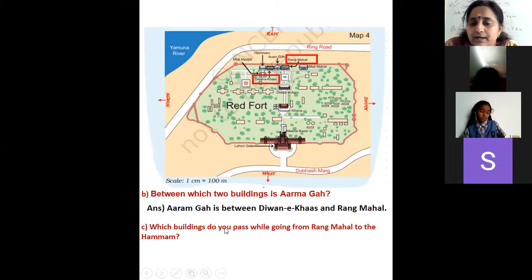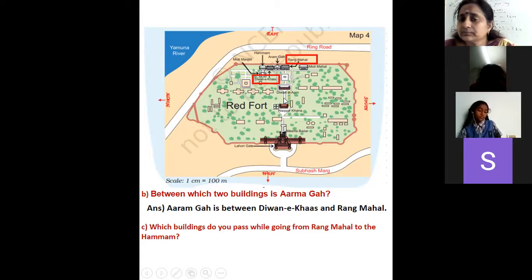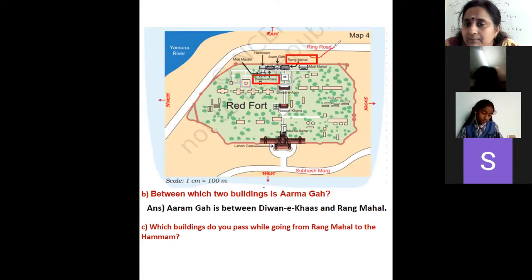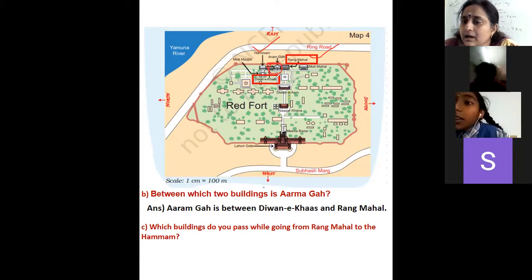Now, which buildings do you pass while going from Rag Mahal to the Hammam? Where is Rag Mahal? Here you can see Rag Mahal. Hammam, where is Hammam? Here you have. In between, 2 buildings are there. What are the 2 buildings? Diwani Khas.